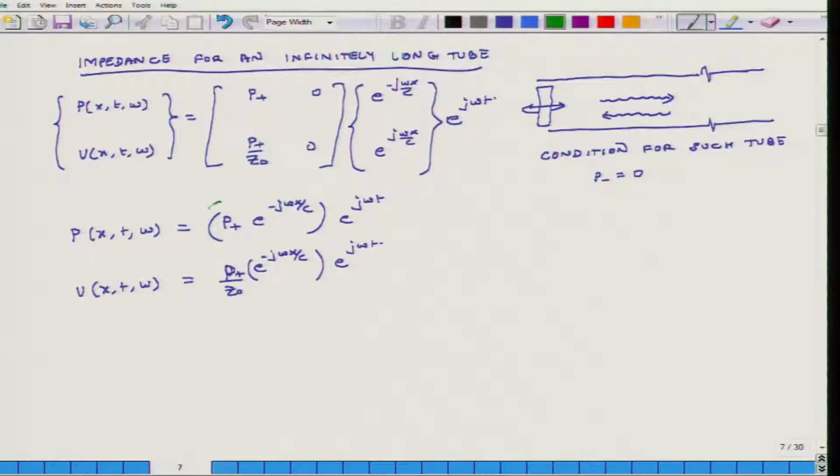Now, once again this represents the complex pressure amplitude.